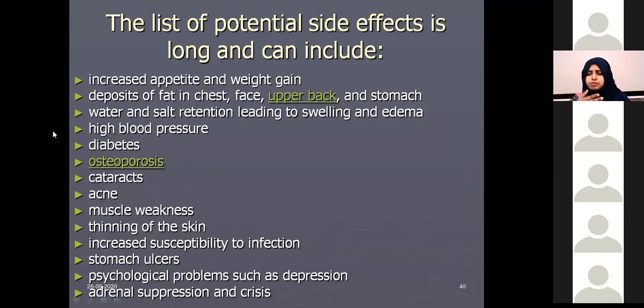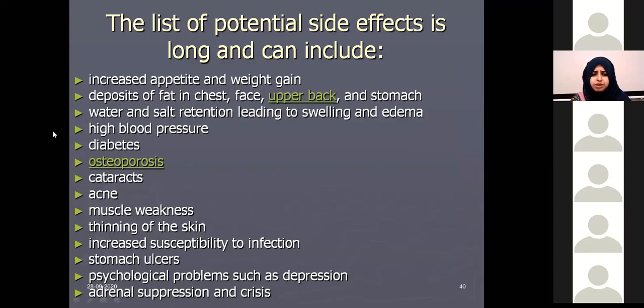Osteoporosis, because we have studied it earlier. We have seen that it has the potential to decrease calcium absorption, so it can lead to osteoporosis, cataracts, acne. Why will acne come? Because steroids and androgens both are in the steroid family, corticosteroids, both have the same ring.